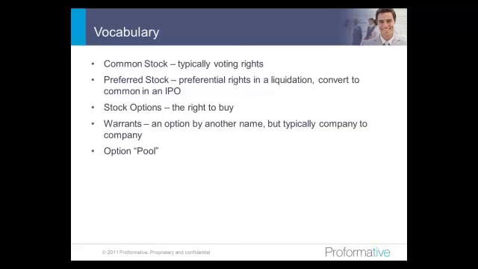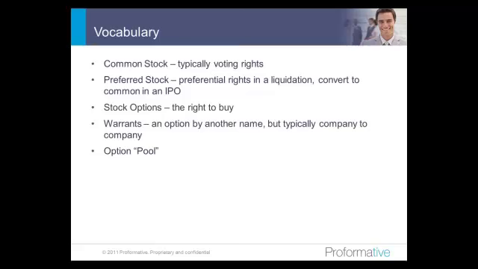Then every time you hire someone and give them a grant, you're taking shares out of that pool. So an option pool is created, it's approved by the board of directors, and every time you make a grant, the options come out of that pool. In that way, a company can avoid having to approve brand new shares at the board level every time a new grant is created.